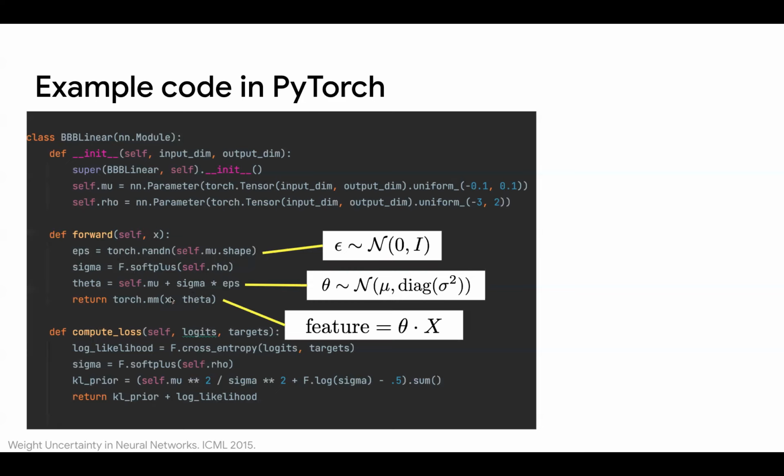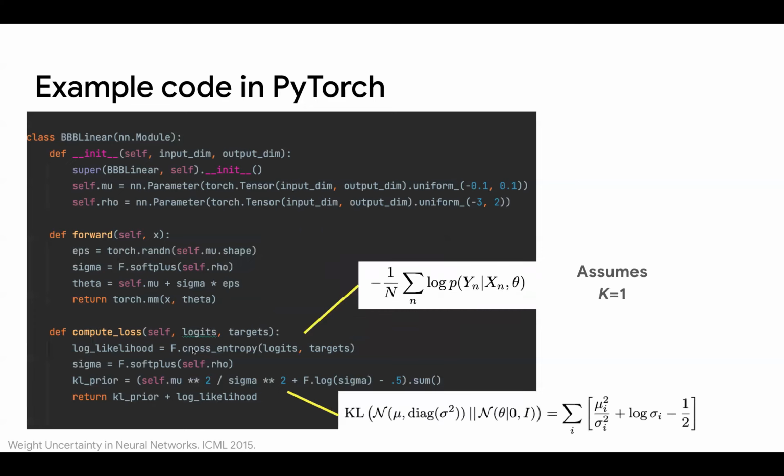And this whole operation is differentiable with respect to rho and mu, okay? And now you do matrix multiplication between x and theta here. Now, in terms of computing loss, we realize that you're actually just taking one sample per iteration, because you didn't take multiple samples of theta here, but just a single theta.